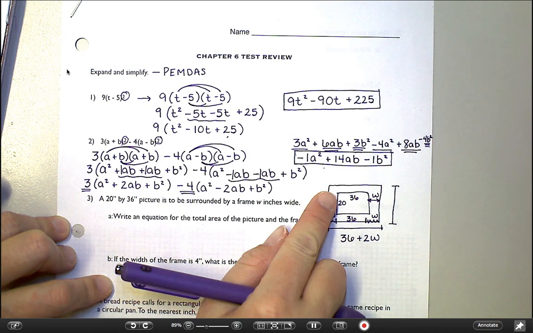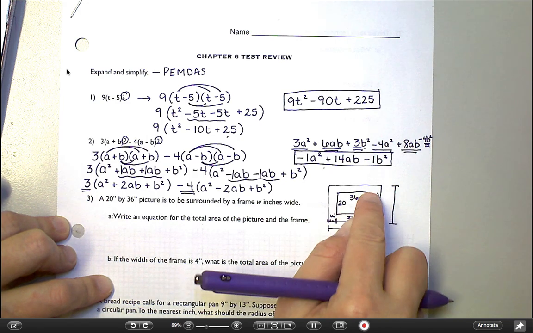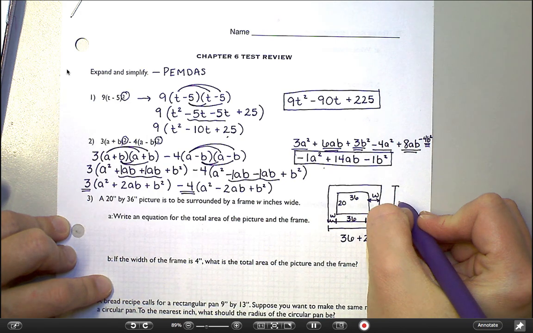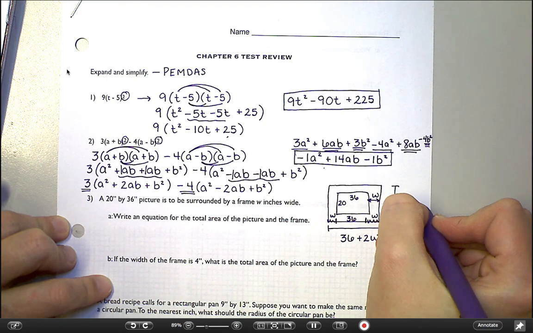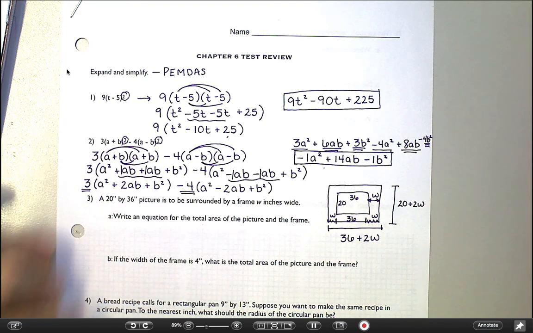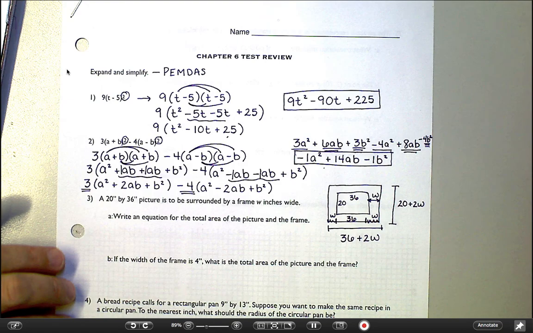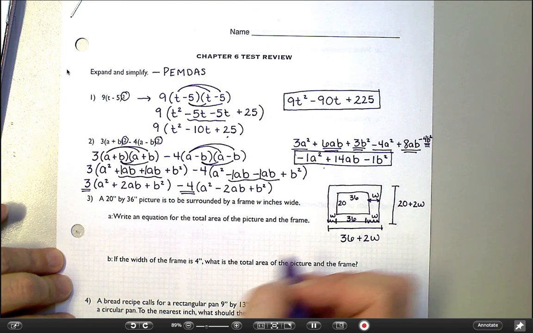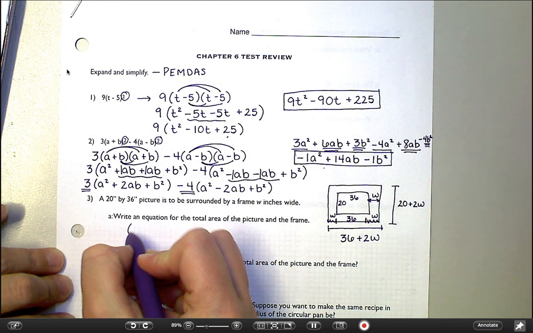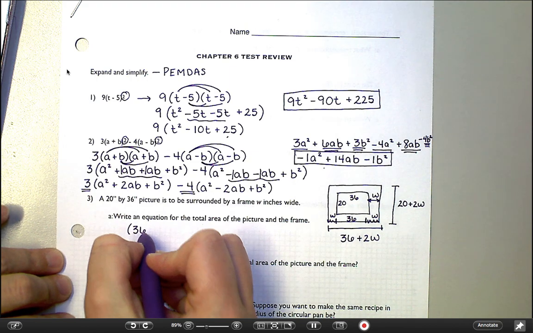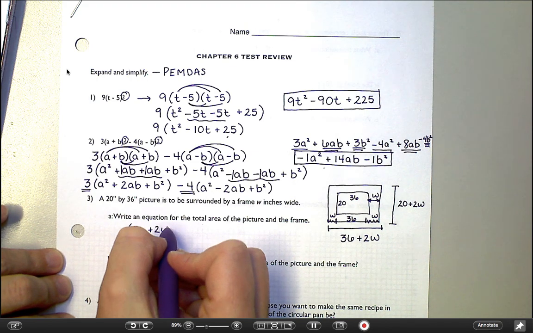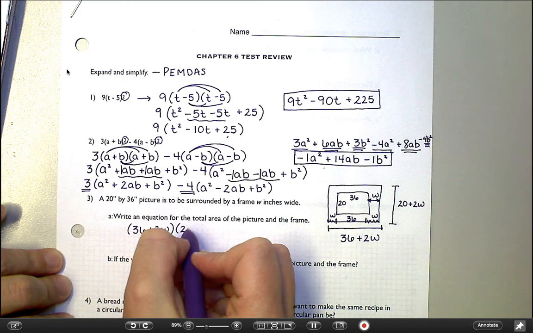We've got 20 inches in the middle there with a W on either side. So this side would be 20 plus 2W. Okay. If I want area, I'm going to multiply those two things together. So I'm going to go 36 plus 2W times 20 plus 2W.